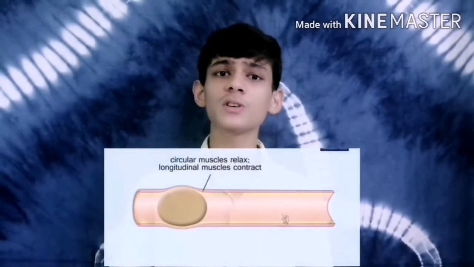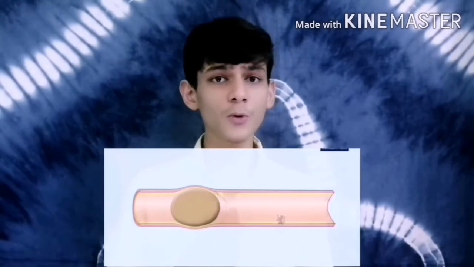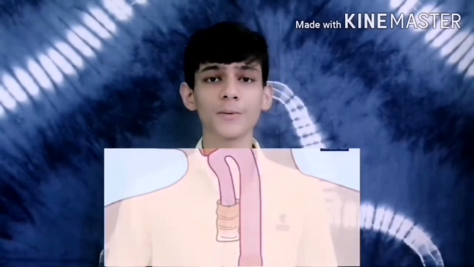Now the food is sent to the stomach via the esophagus, or the food pipe as you may call it, through a very special process called peristalsis. It is the process in which the muscles of the food pipe rhythmically contract and relax to send the food from your mouth to your stomach.